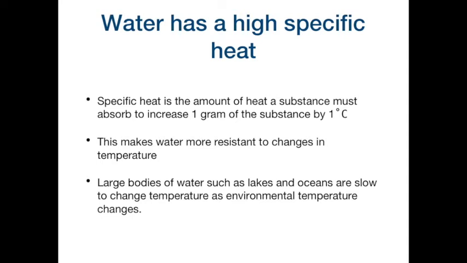So, is this good? Does this have a biological significance? Of course. Because this means that large bodies of water, such as lakes and oceans, are slow to change temperature as environmental temperature changes. It is more resistant to changes in temperature.